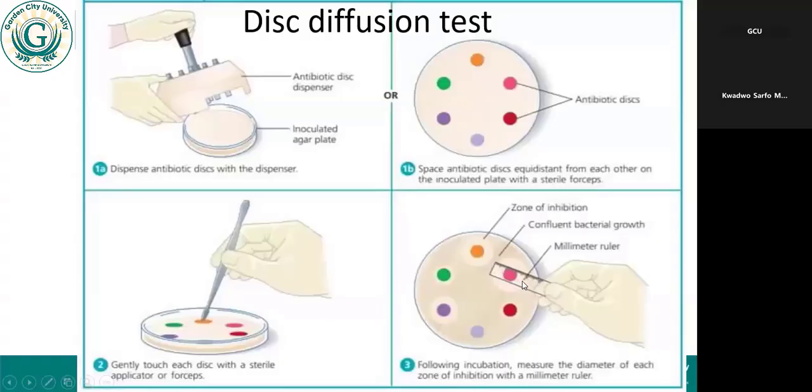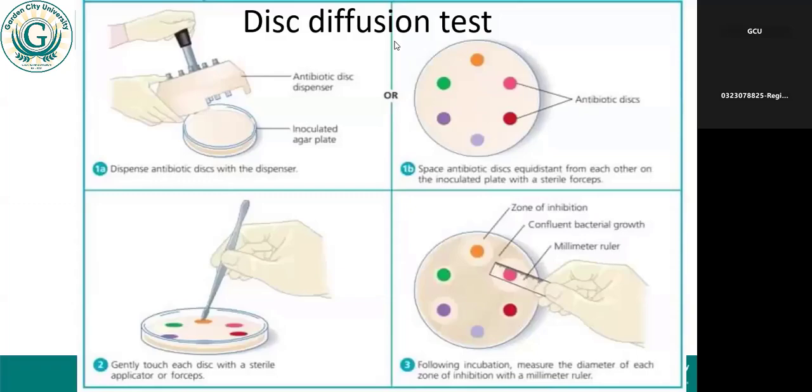If what you measured is less than the breakpoint on the chart, say you measured 19 and the breakpoint for Cipro is 20 or 21, because 19 is less than 21, the organism will be able to survive and it is resistant. So that's how we assess the sensitivity.